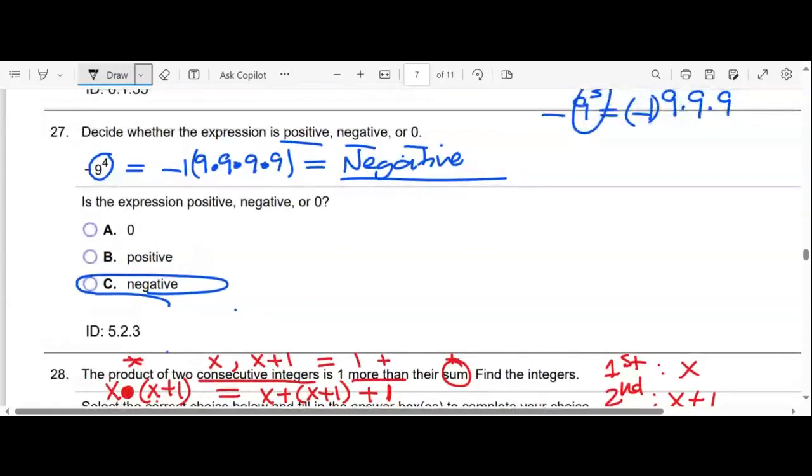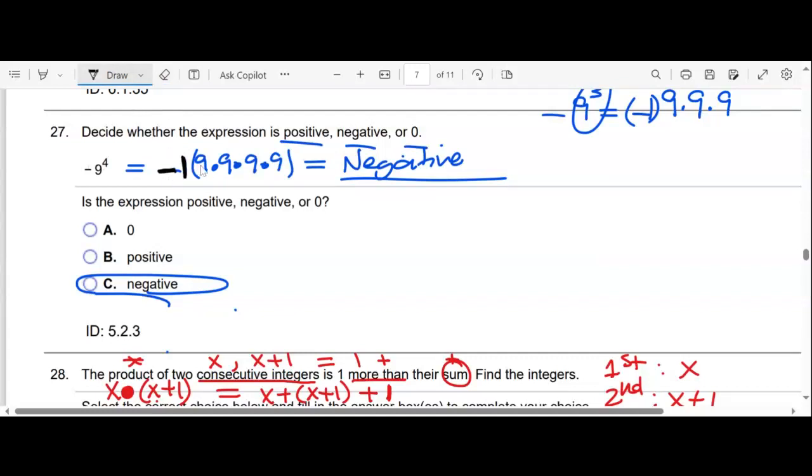Decide whether the expression is positive or negative or zero. So here he is giving you negative 9 to the power of 4. So you're going to say the negative is outside, correct? This negative is outside.